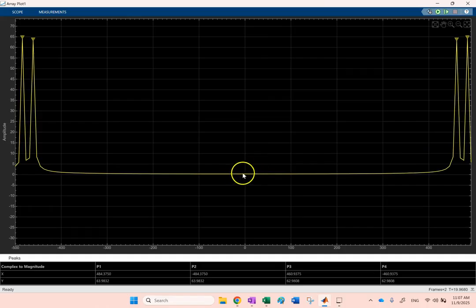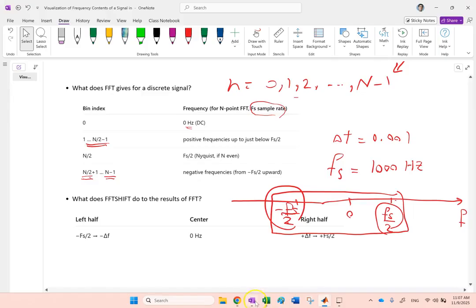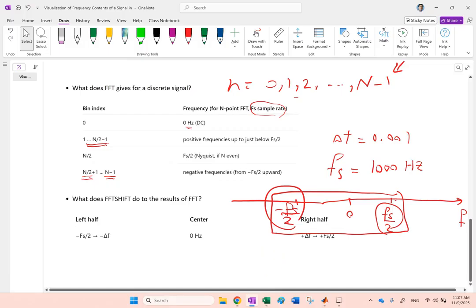So the fact that they are all shifted by Fs over 2 to the left and to the right, so instead of negative 15 and negative 40, they are like negative 400 something close to 500, and both positive and negative that number. This is because of the way that the FFT command works. So what does the FFT shift do?